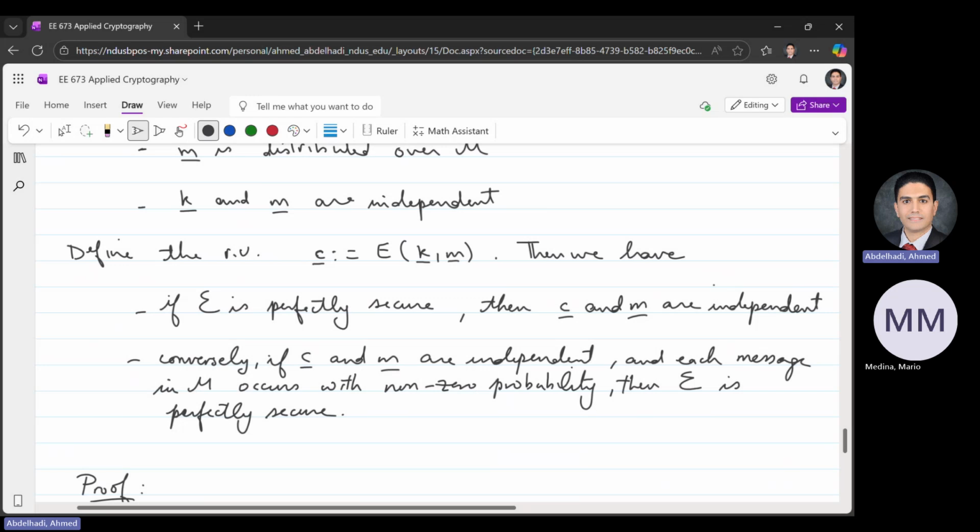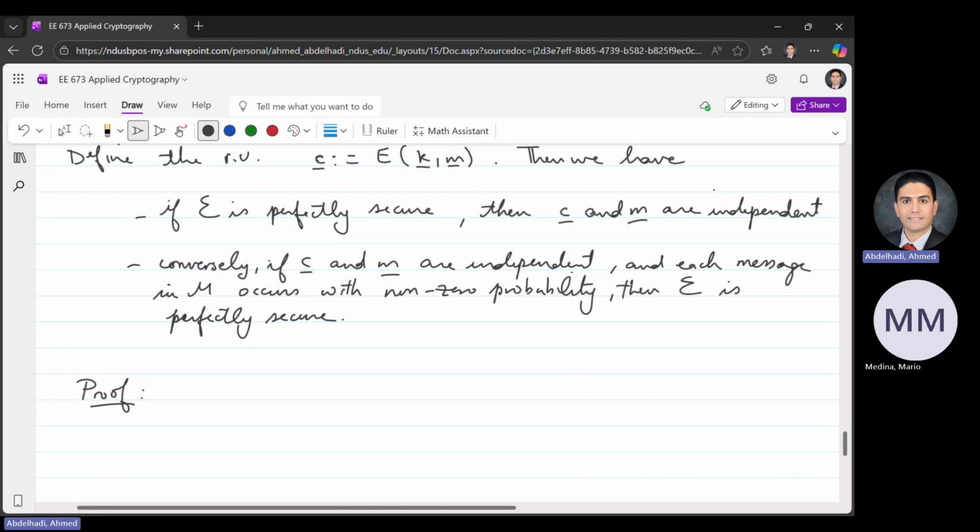If you can show that the message and the ciphertext are independent, then you can say that the cipher is also perfectly secure. All right, so let's start with the first part, which is basically to assume that E is perfectly secure.